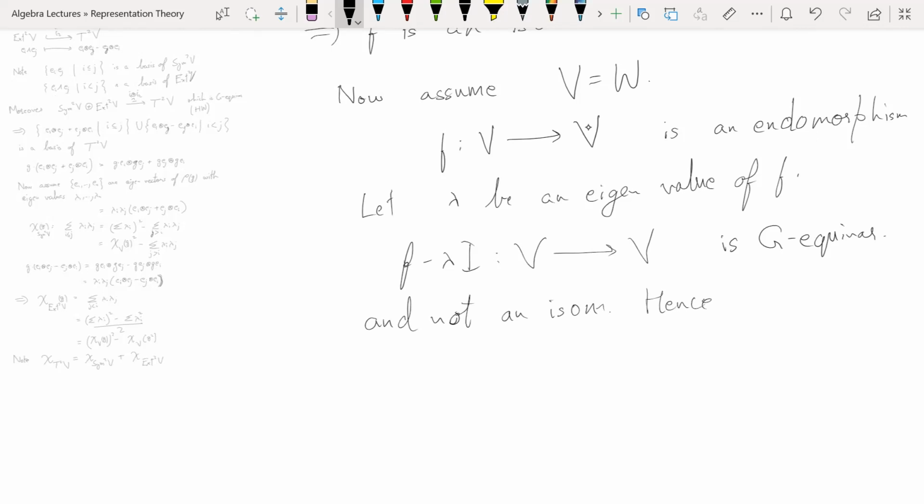Hence, by the previous part, since V is irreducible, f minus lambda is 0, which implies f is lambda times the identity. We will not think in terms of matrices; we haven't fixed bases. That completes what we wanted to prove, that f is a scalar multiple.